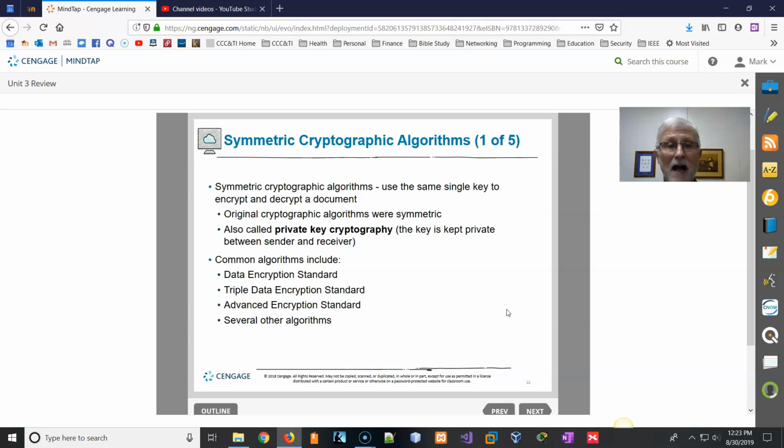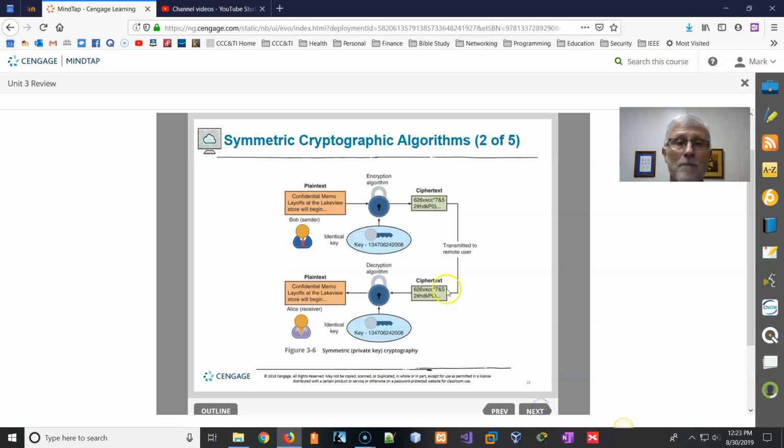Some of the common algorithms used today are Data Encryption Standard, DES, Triple DES, and Advanced Encryption Standard, AES, and there are definitely several other algorithms out there.